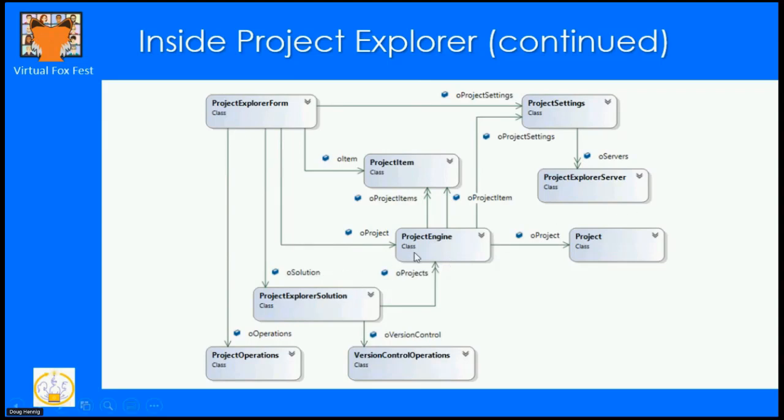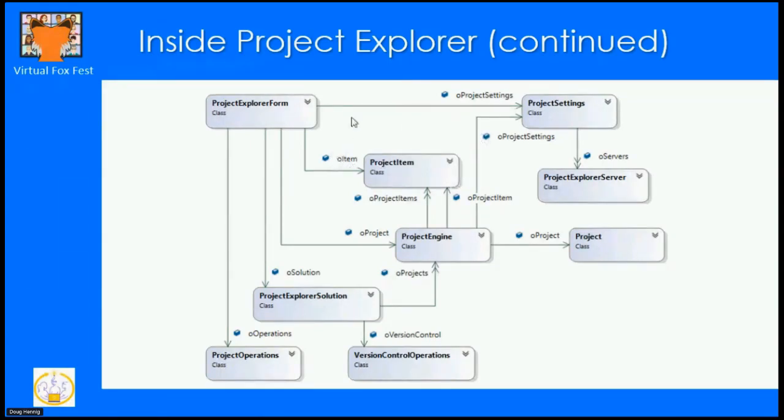So the project engine object for demo 1 would have a project items collection with 40 different members in it, 40 different items, each of those being a different subclass of the project item class representing the different items. In addition, the project engine class also has a reference to a single project item, OProjectItem. So OProjectItems is plural, that's the collection. OProjectItem is a single one, an instance of this for the current one that we're working on.